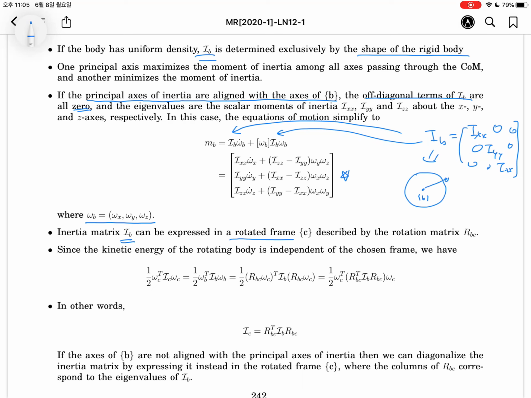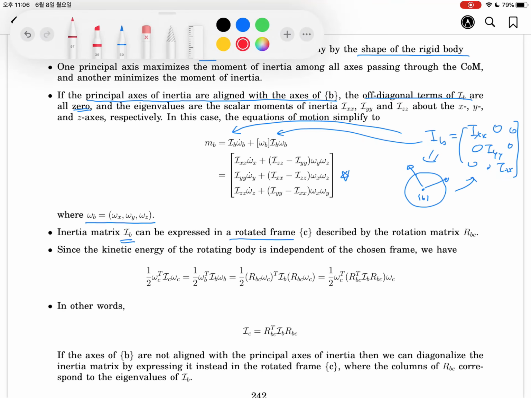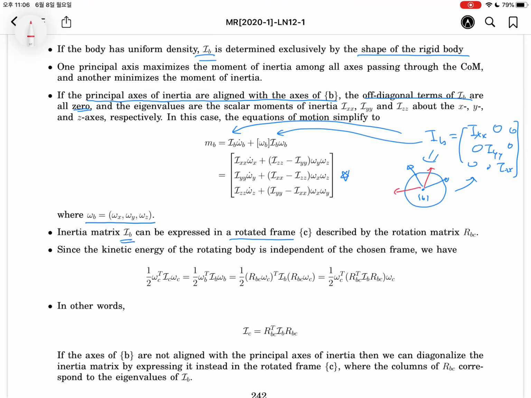If we take the body frame B along the eigenvector, then we have this kind of diagonalized inertial matrix. Here, if you choose a rotated body frame, denoted by C, maybe this rotation will be R BC or CB. Anyway, this is the C.